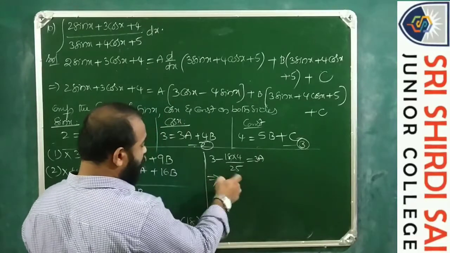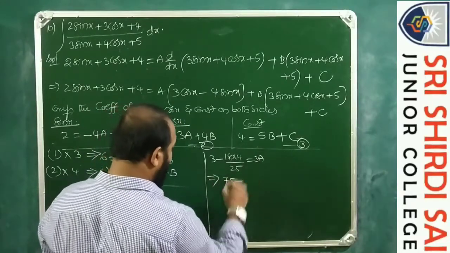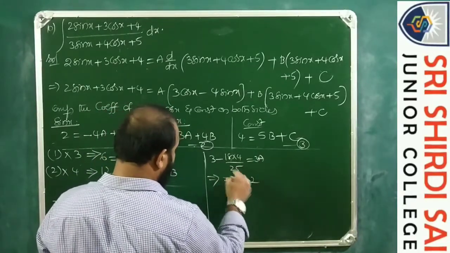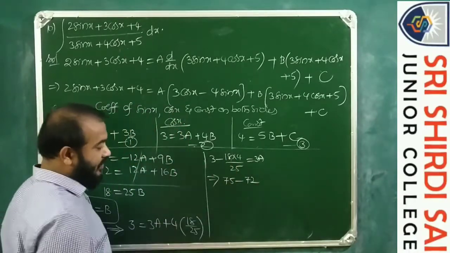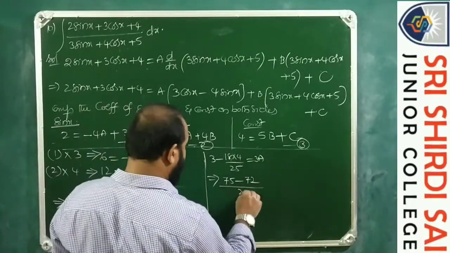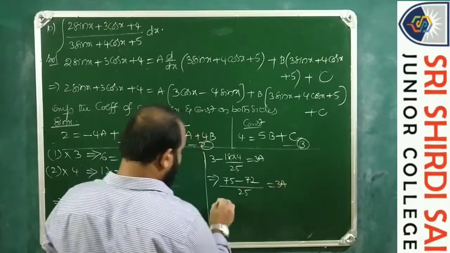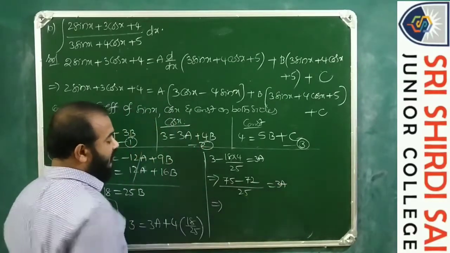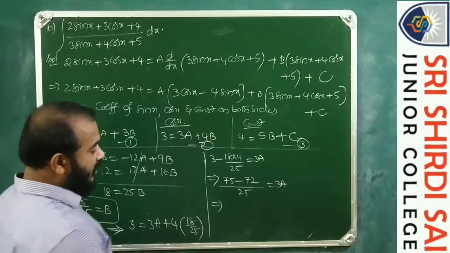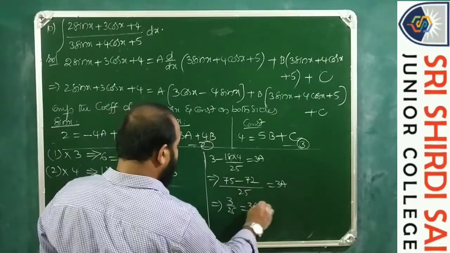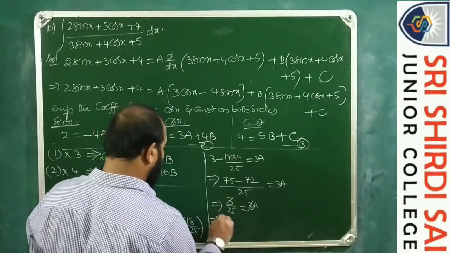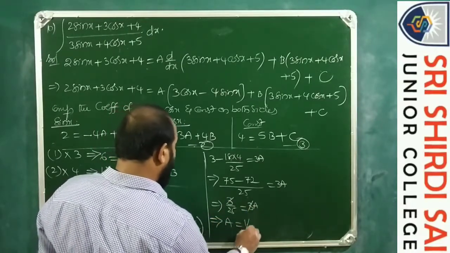So 3 is 75 by 25, and 4 18s are 72, so 72 by 25. 75 minus 72 is 3 by 25, which is equal to 3A. So the 3 and 3 get cancelled. Therefore, A is equal to 1 by 25.